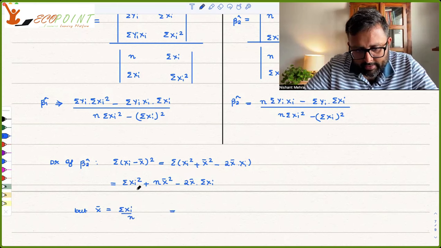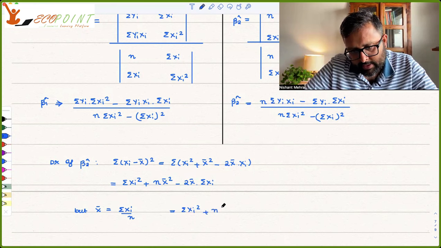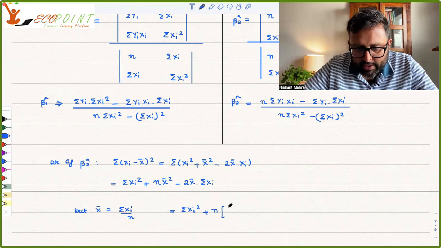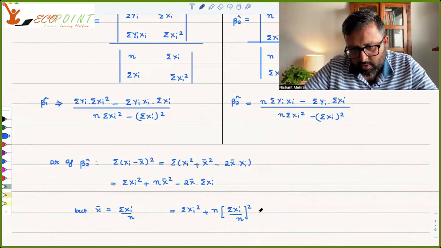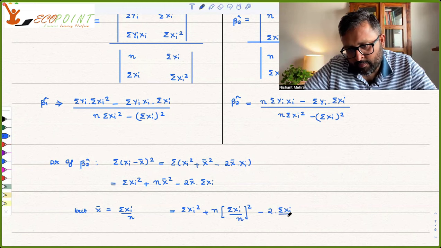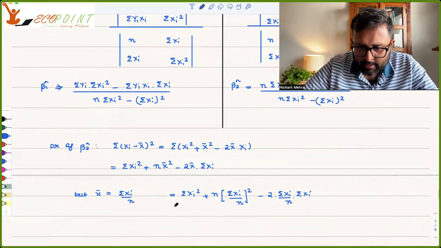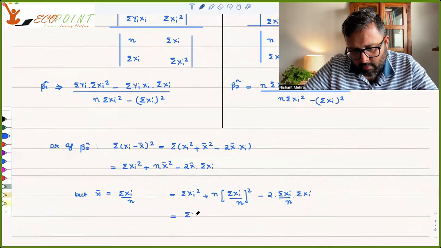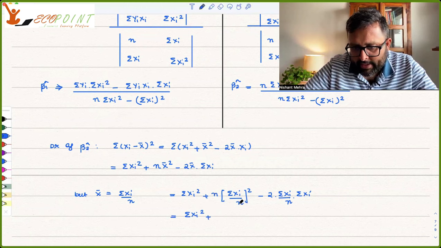So I can write this as summation of xi square plus n, in place of x bar, summation of xi upon n whole square, minus 2 x bar, in place of x bar, summation of xi upon n, summation of xi. Now this n will get cancelled with this n square.